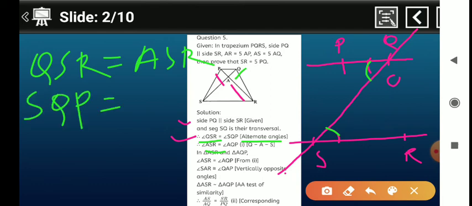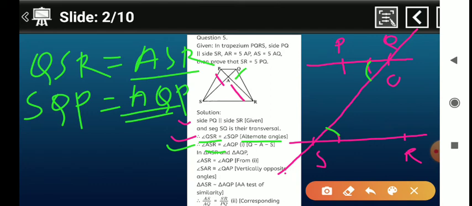So angle ASR is congruent with angle AQP.